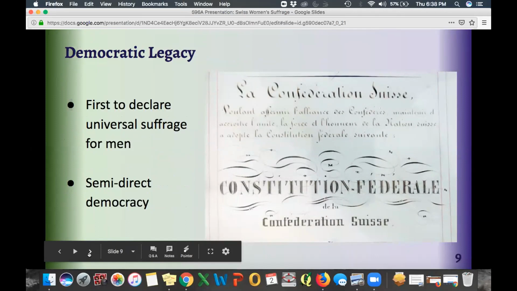In 1848, the Swiss Federation was born into existence, making it the first European democracy to declare universal suffrage for all men. The democracy that they created was recognized around the world for its success, and the Swiss wore their superior democratic status as a badge of honor for years, never amending the constitution lest it disrupt the perfect balance they had seemingly struck at the creation of their new nation.